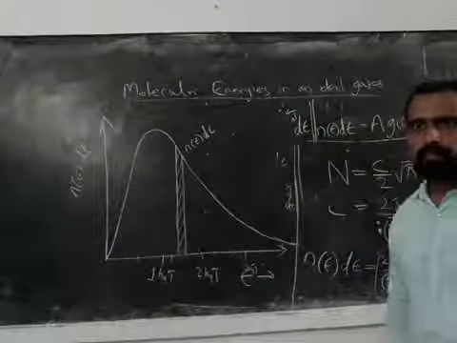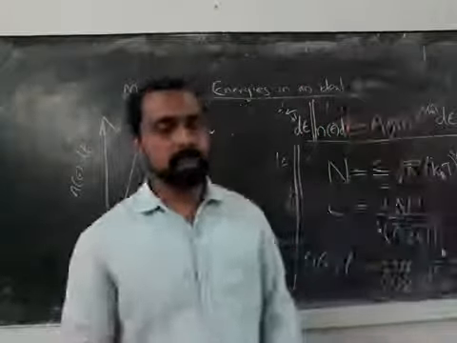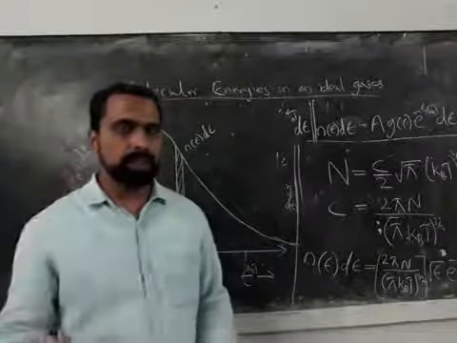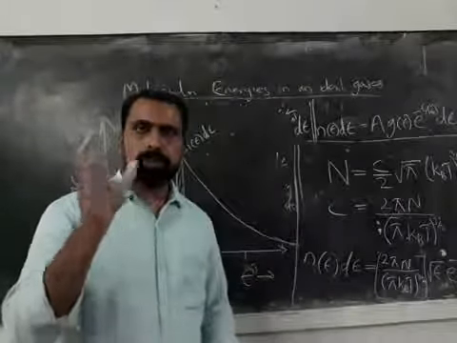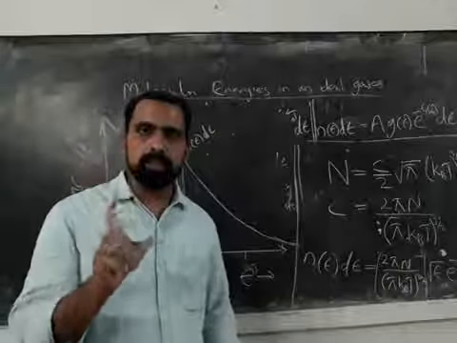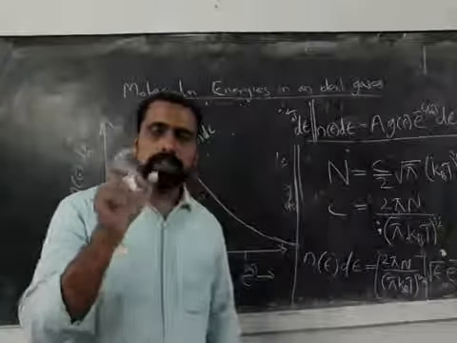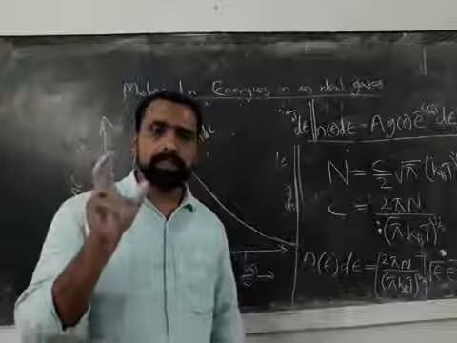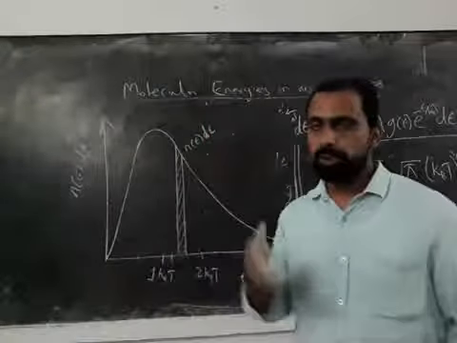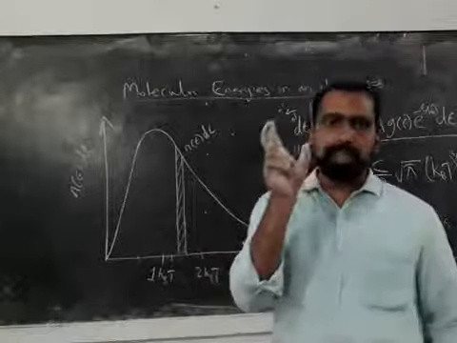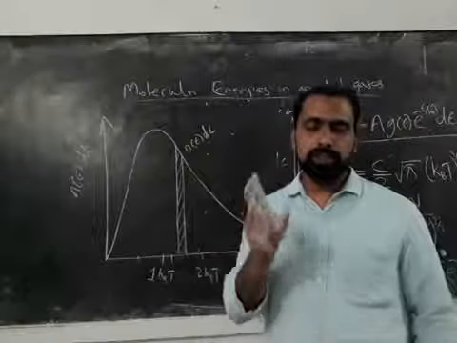Now we will go to the average molecular energy. To get the average molecular energy, you have to multiply the distribution of energies with the energy, then integrate it from 0 to infinity. That will give you the average energy of the molecule.